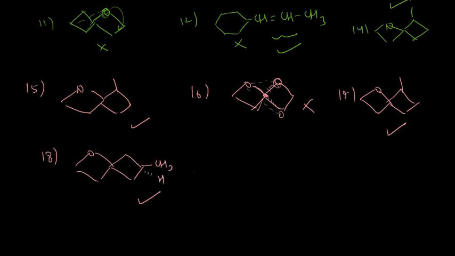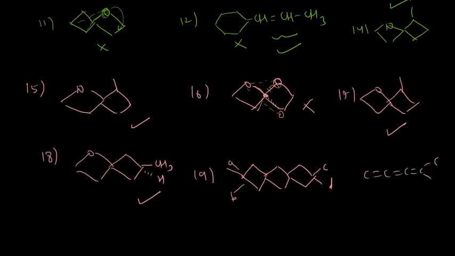It will show GI. 19th. It will show GI because it is similar to C, D, then A and B. It will show GI. It is similar to this compound, so it will show GI.